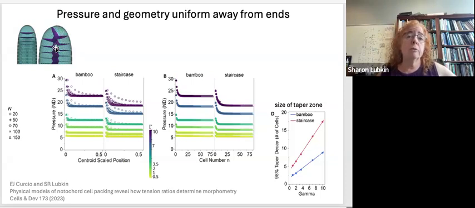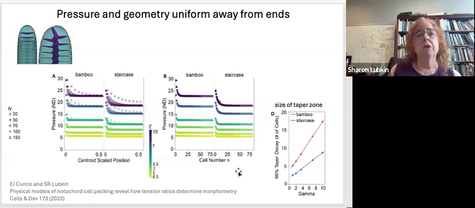So the ends are going to have a different pressure from the cells along the length, which have a more uniform curvature equal to each other, that is. And the pressure was uniform no matter how long the notochord was, until a kind of end zone. And we were able to also quantify, well, how long is that end zone? And that's a function of the tension ratio. Fair enough, nice enough.